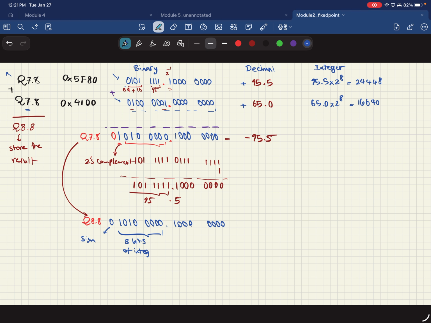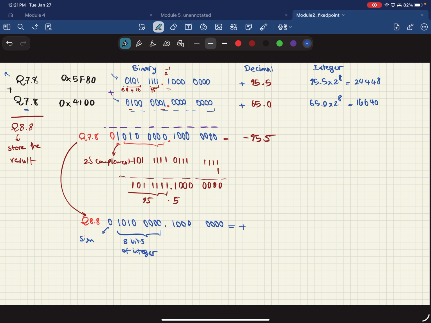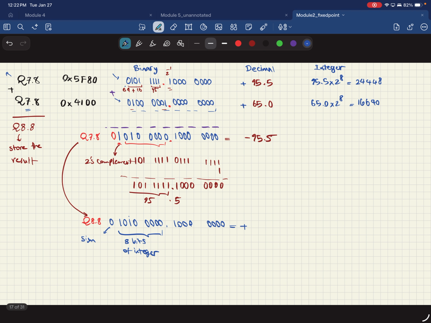So whatever we got from our summation, it's our integer bits. And here, this is a positive number. How much is this number? This is 32, and this is 128.